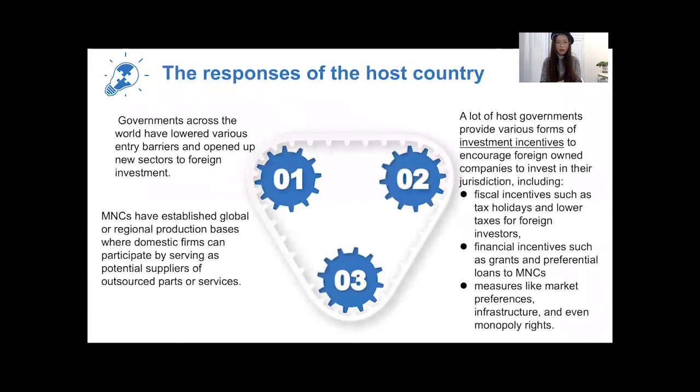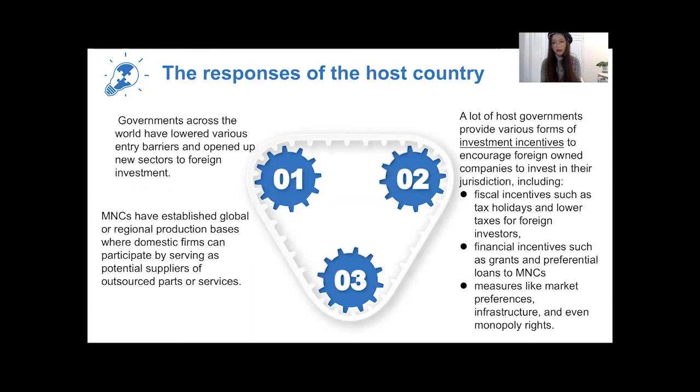When spillover effects take place, there are some responses of the host country. First, governments across the world have lowered various entry barriers and opened up new sectors to foreign investment.